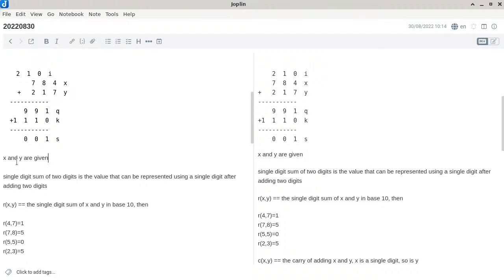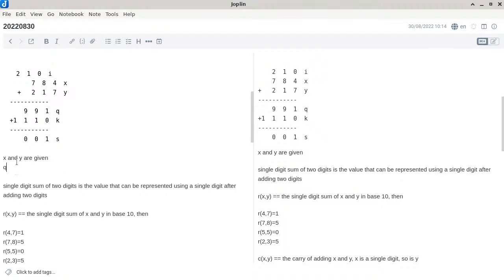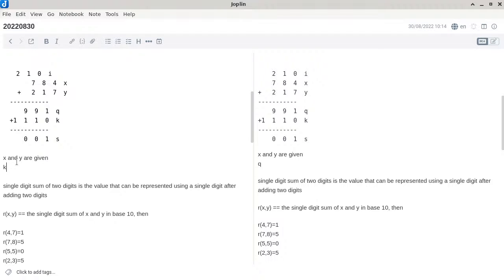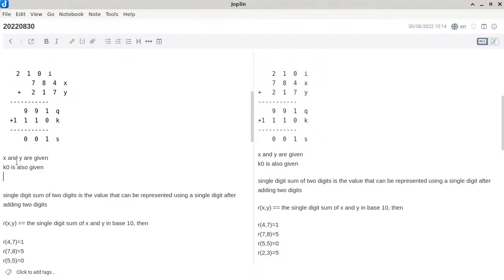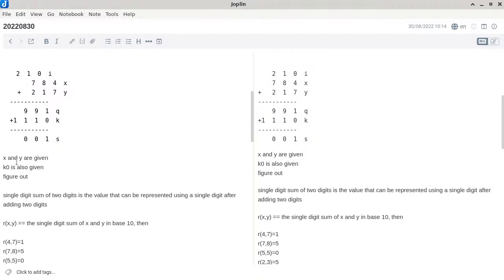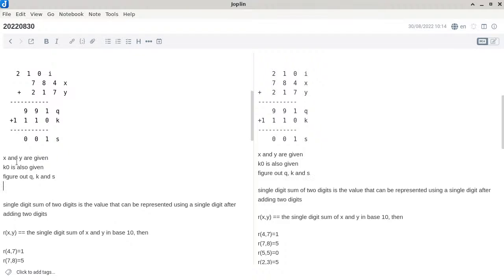Don't ask me why they have the value that they do. Because they're given to you. Q0 is not Q0, but K0 is also given. Assume it is given to you as a 0. So we need to figure out Q, K, and S. That's what we're trying to figure out.